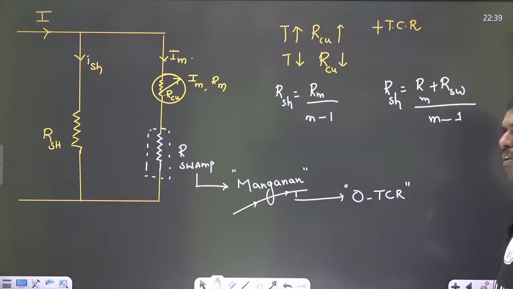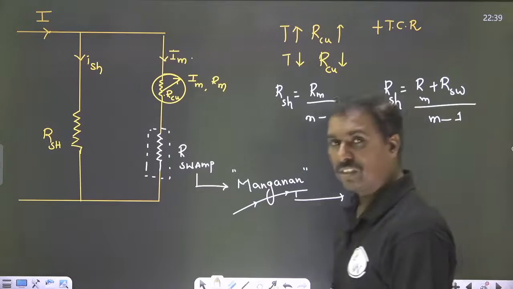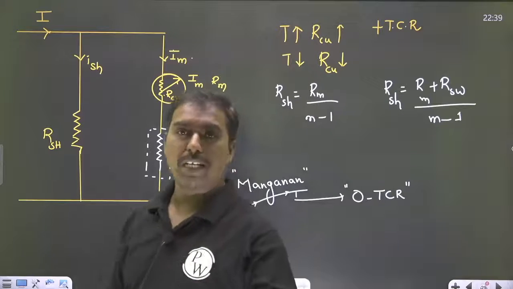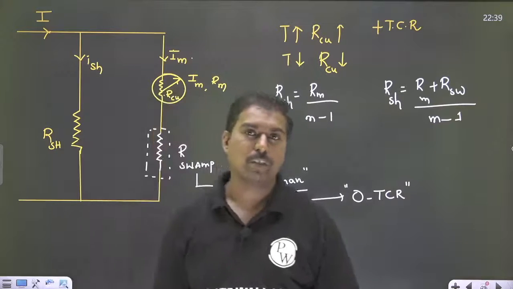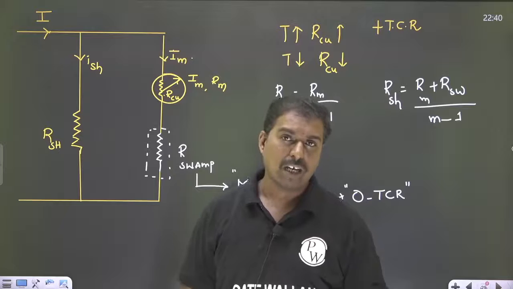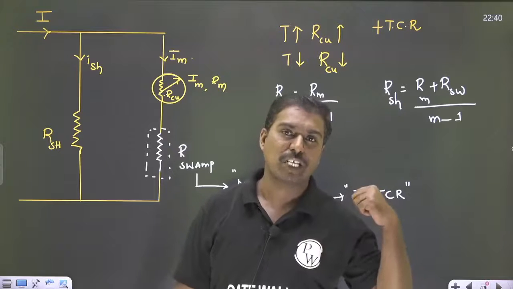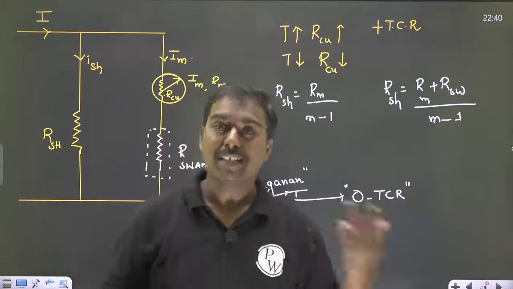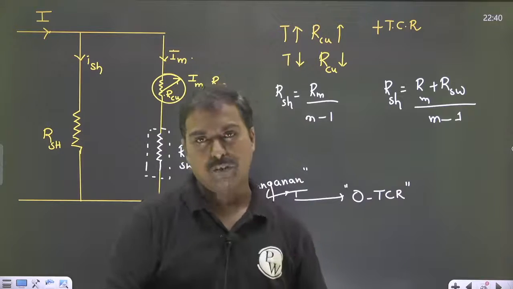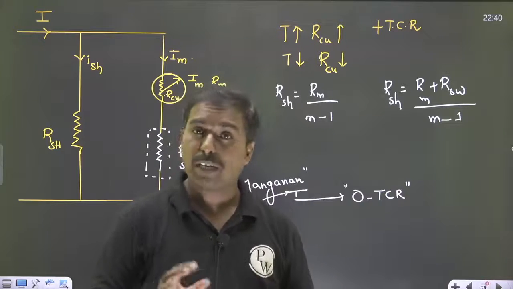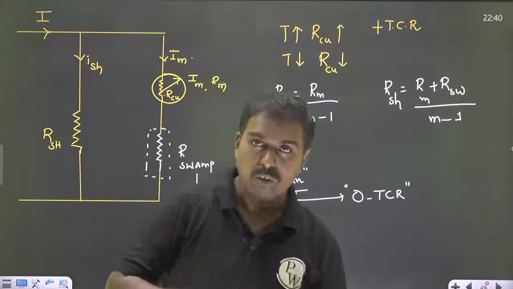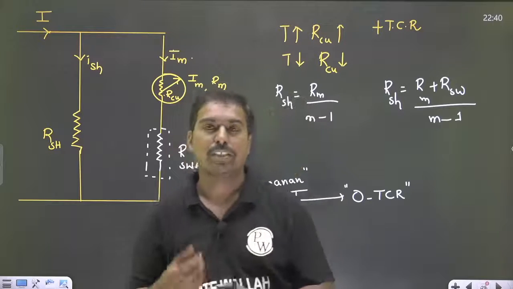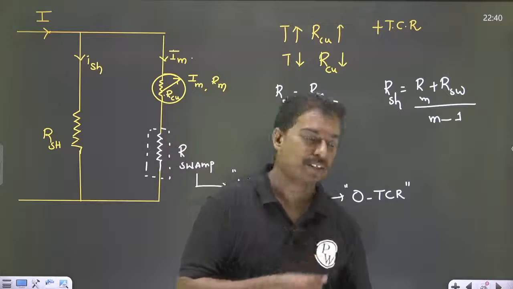That means whatever the temperature change, its resistance is unaffected. So that resistance is added in series with the coil resistance. Accordingly the shunt resistance gets changed, so the current proportions are not altered. When temperature changed, currents were altered, but now when you attach the manganese resistance, it comes back to the normal adjustment.